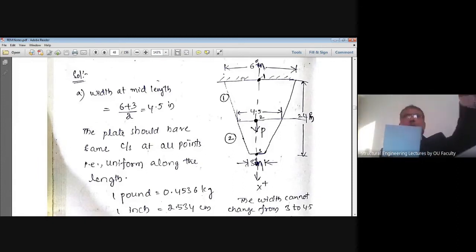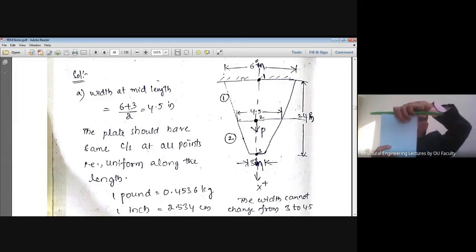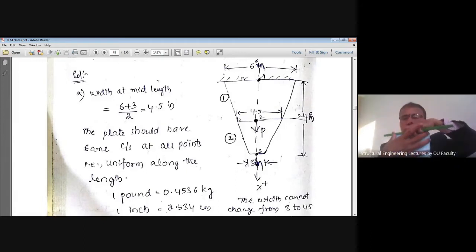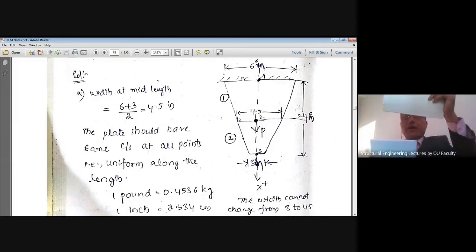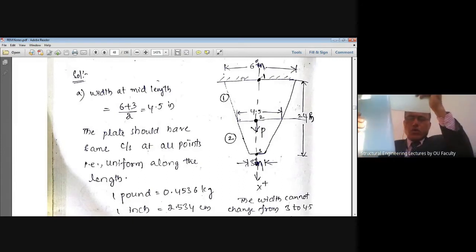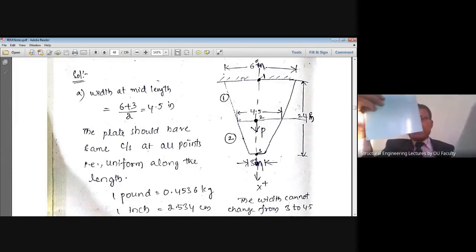You please see here, it is hanging from the support like this. At one end the width of the support is 6 inch, whereas after a distance of 24 inch, its width is reducing to 3 inch.